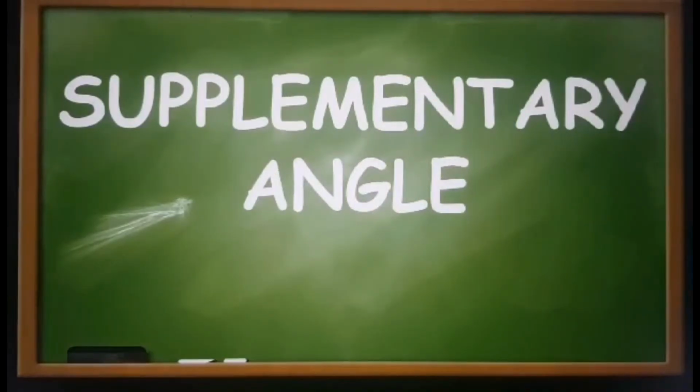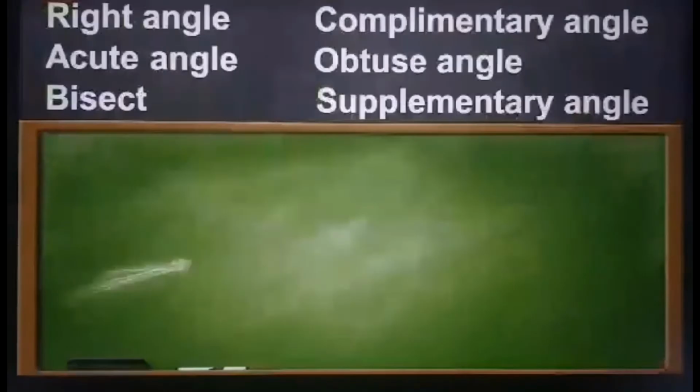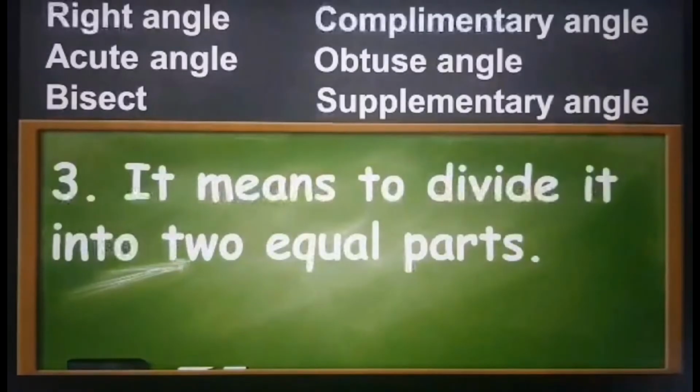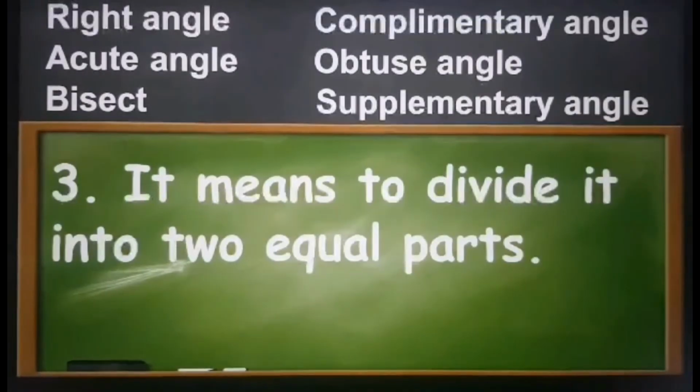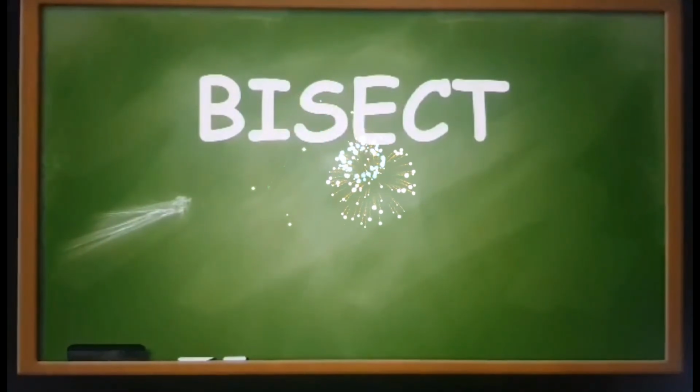If not, don't worry. 3 more to go. Let's keep going. Number 3. It means to divide it into two equal parts. If your answer is bisect, you are absolutely correct.